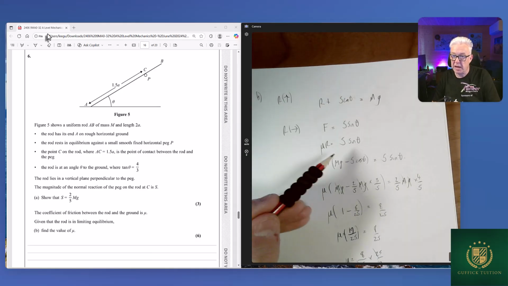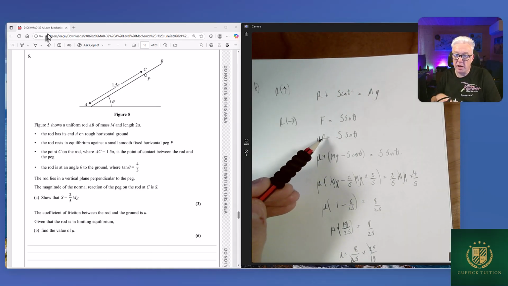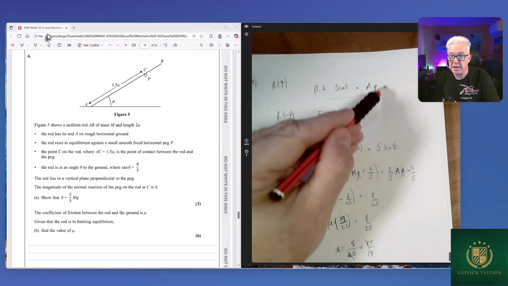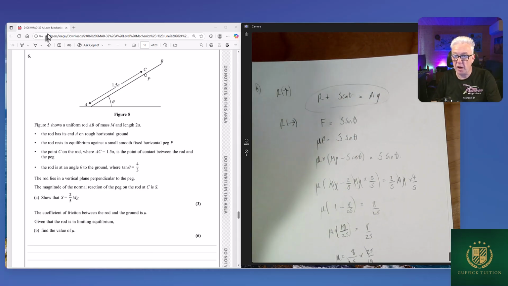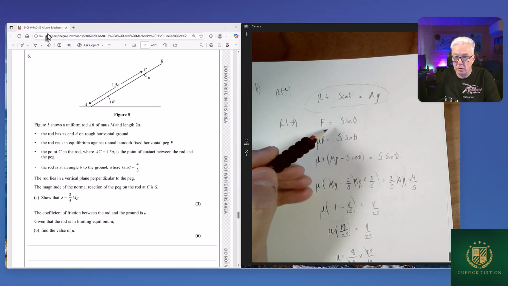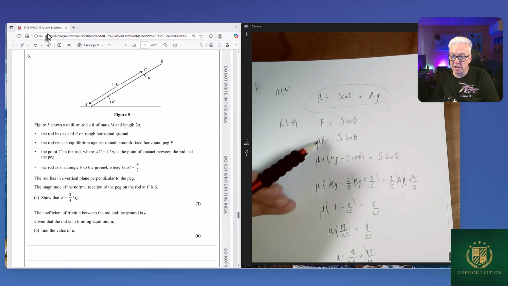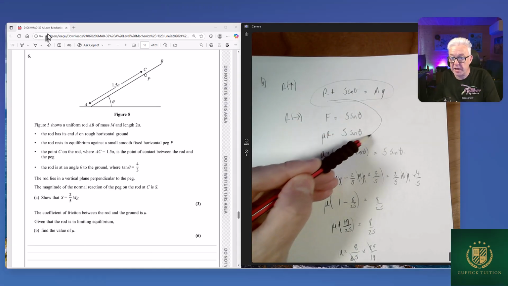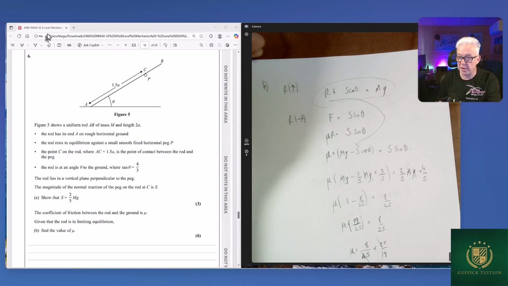Okay, that's fine. And R can be found by rearranging this equation here. So R is going to be mg minus S cos theta. All I've done is resolved horizontally, F is mu R, and rearranged this to get R and subbed it in there. Okay, so far so good.